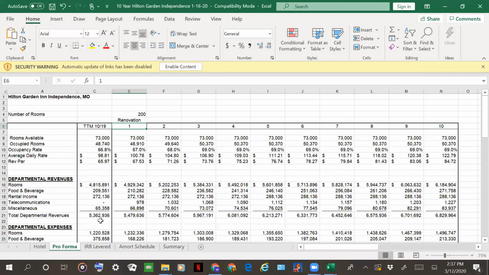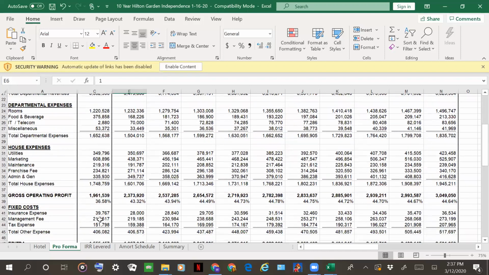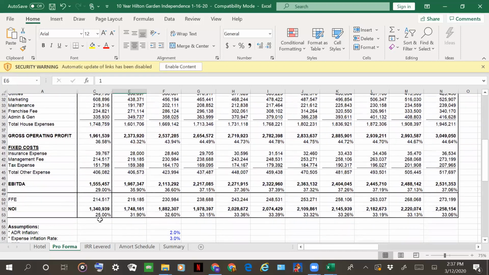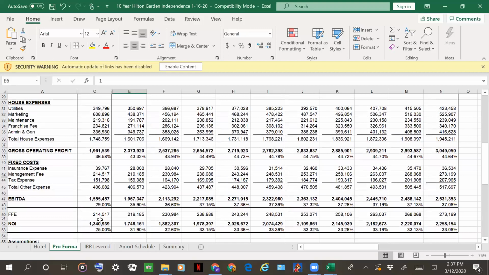Well, it's actually doing 5.3 million in revenue. As I talked about before, we like to see our hotels in the 40s for gross operating profit. This is actually at 36% operating profit. We're going to buy this, and by the time it's all said and done after reserve, it has a 1.3 million NOI before debt.